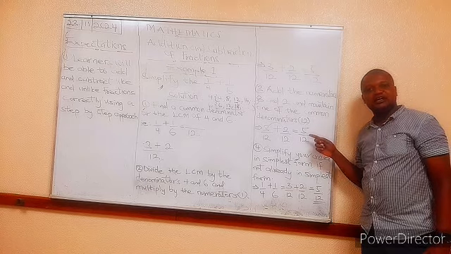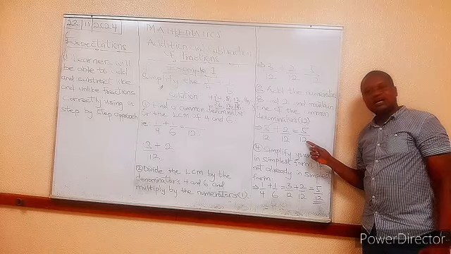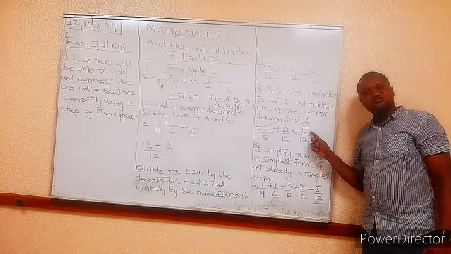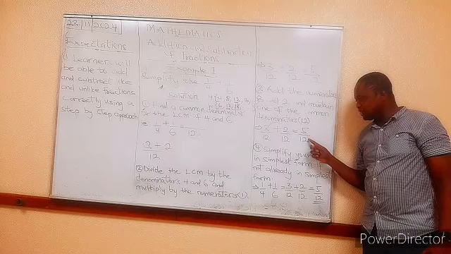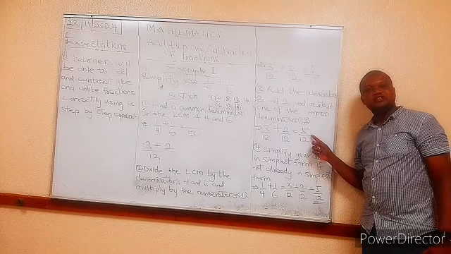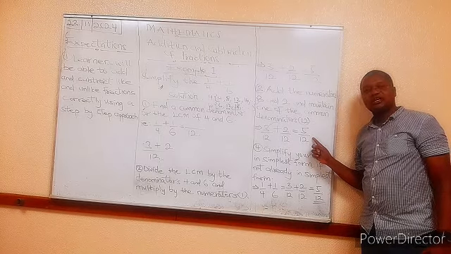How do you simplify? It means you are going to find a common factor, a number that can divide the denominator and divide the numerator. But in this case, 5 over 12 is already in its simplest form. There is no further division that can be done here. It's already in its simplest form.